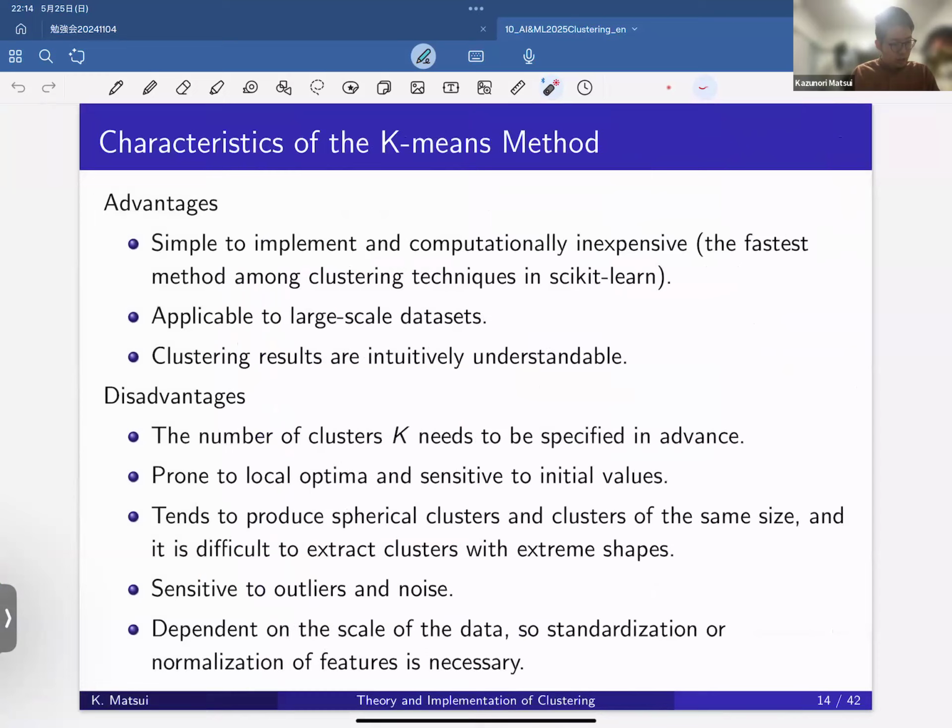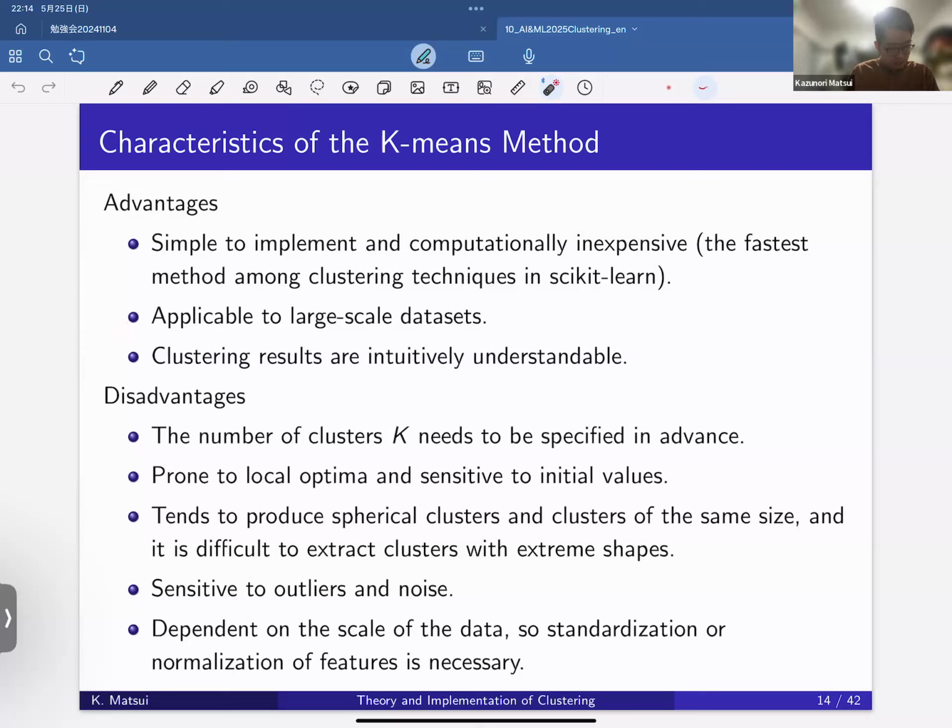The good points of the k-means method are that it is simple to implement and computationally inexpensive. In scikit-learn, it is the fastest method among clustering techniques. Because computational cost is low, it is applicable to large-scale datasets.